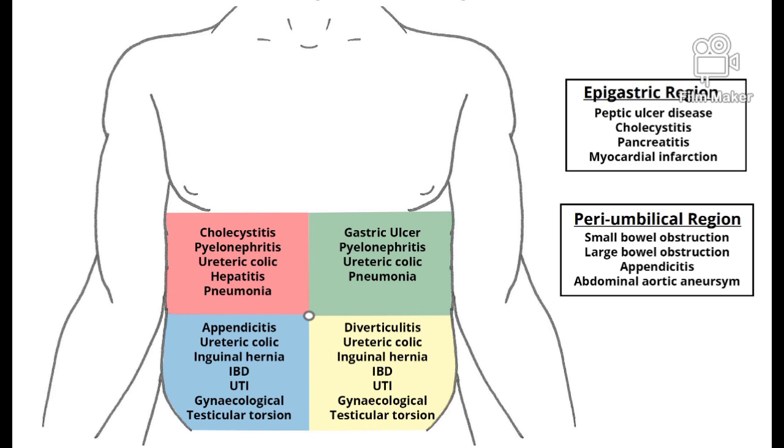In bowel obstruction, there is constipation, abdominal distension, pain decreases after vomiting, colic, previous abdominal surgery. In cholecystitis, there is Murphy's sign, right upper quadrant pain, fever, and jaundice.